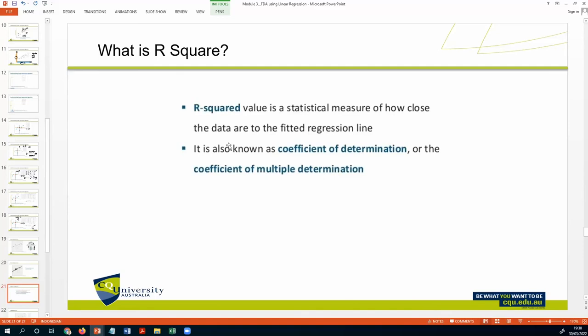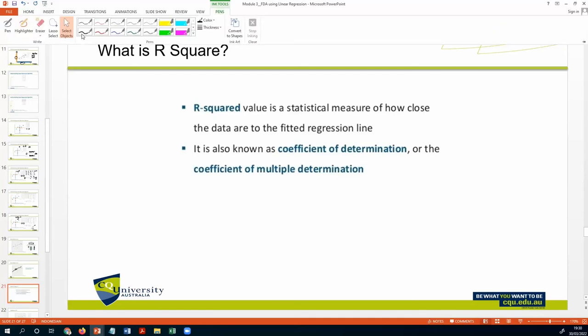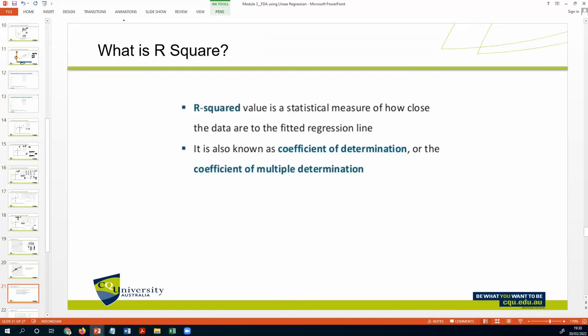In other words, R square will be in percentage. Let's say the R square result is 80%.